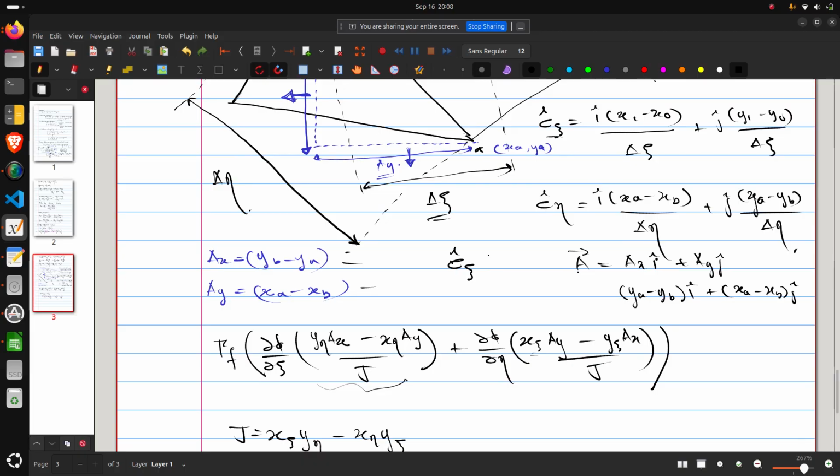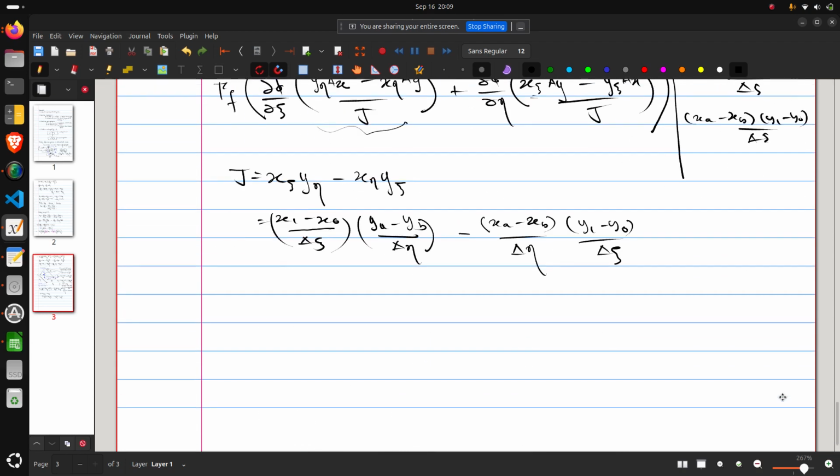So I am talking about these two things. This i cap will result in x1 minus x naught times ya minus yb by delta psi, and this times this will be xa minus xb times y1 minus y naught by delta psi.